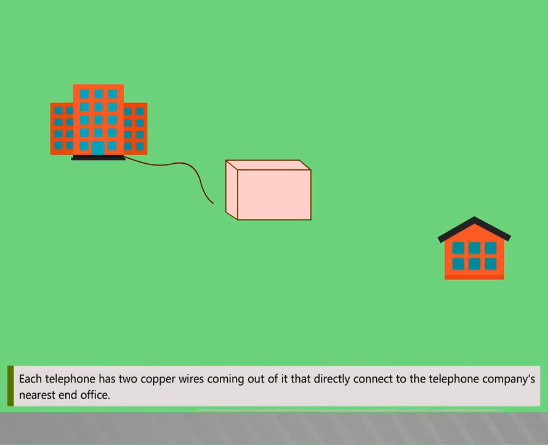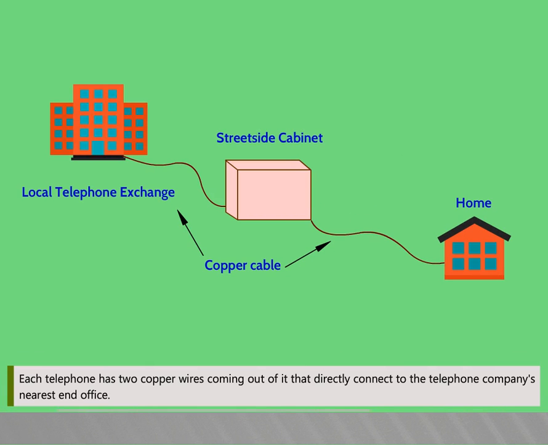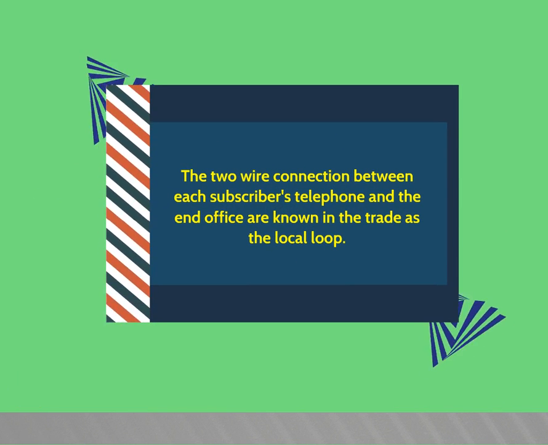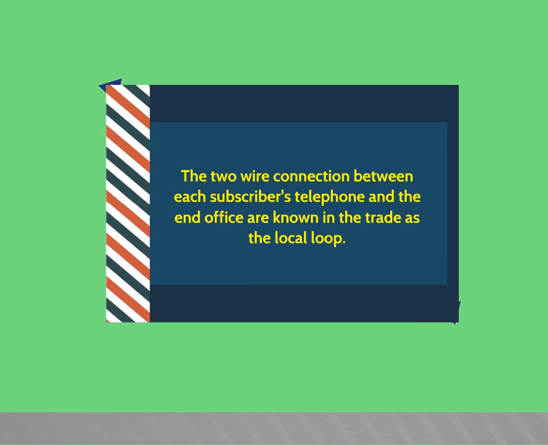Each telephone has two copper wires coming out of it that directly connect to the telephone company's nearest end office. The two-wire connection between each subscriber's telephone and the end office is known in the trade as the local loop.